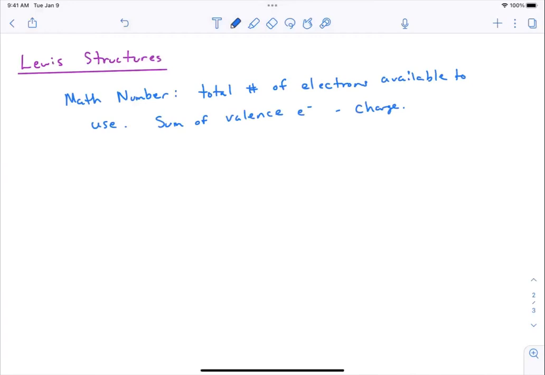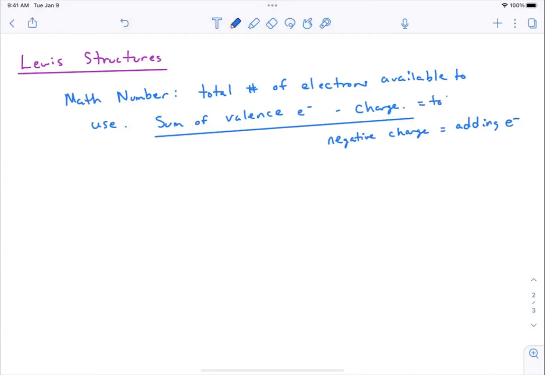Because remember, if you have a negative charge, you're adding electrons. That's why I say minus. Because a negative charge means you have more electrons than you originally started with. And so that's why I say sum of valence electrons minus the charge to get your total. And this number will dictate what your final structure has to be, because these are all the electrons you have to work with. And so that is going to be the main thing behind all this.